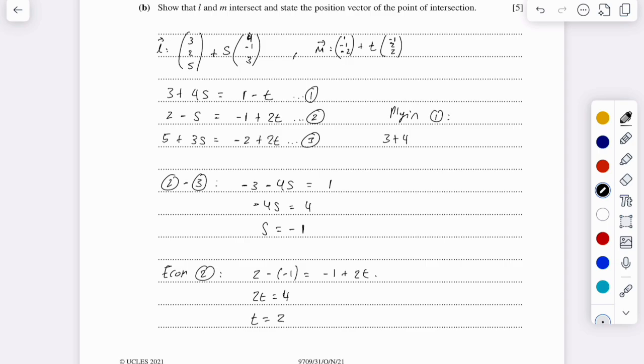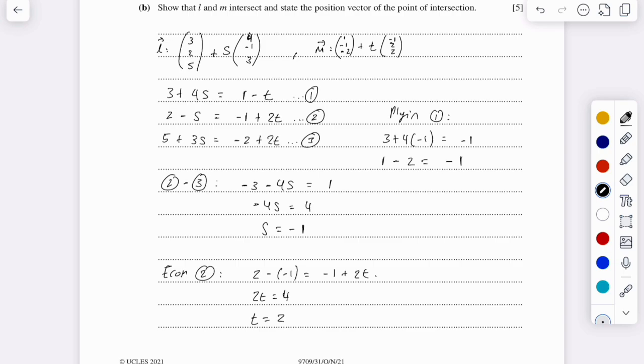3 plus 4 times s, 3 plus 4 times negative 1, is going to give us negative 1. And 1 minus t is equal to negative 1. Brilliant, that makes sense.